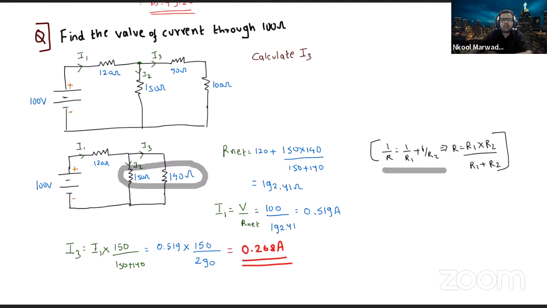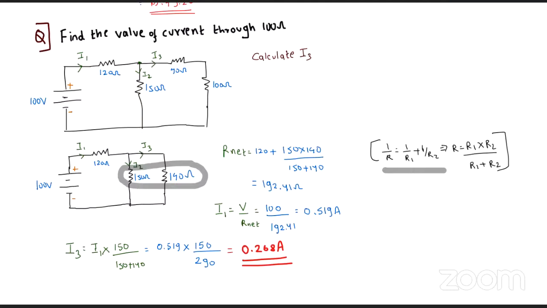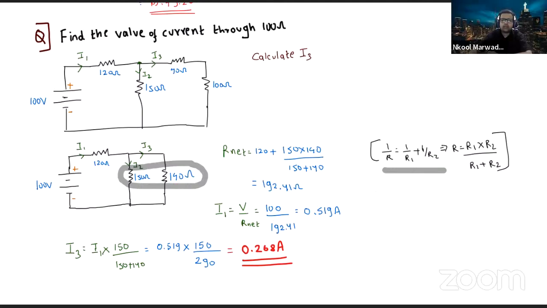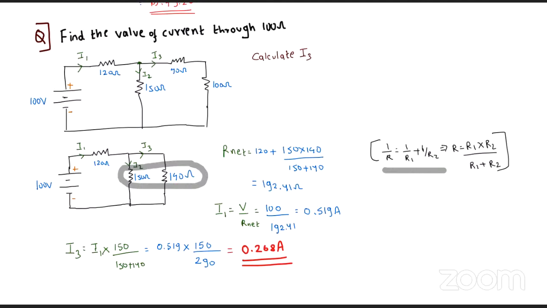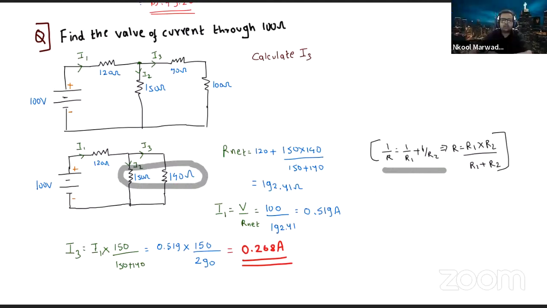Here R is the net resistance when two resistors are in parallel, of only those resistors which are in parallel. The 120 is not included here, right? Yes, that is not included.